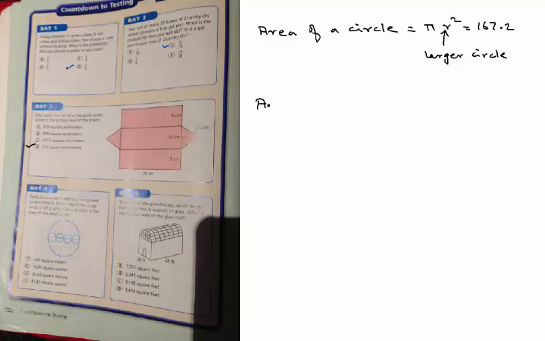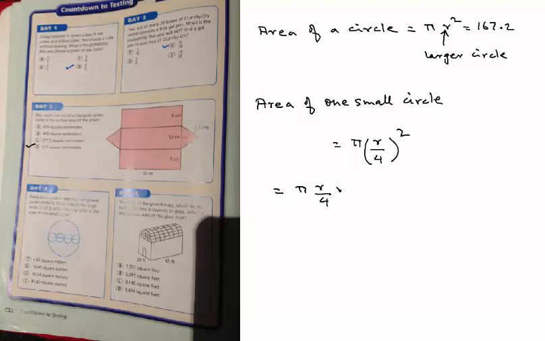So we could say the area of one small circle would be equal to pi times r over 4 squared, because the radius of the smaller circle is r over 4, right? So we do pi times r over 4 square. If you break this down, you have r over 4 times r over 4.